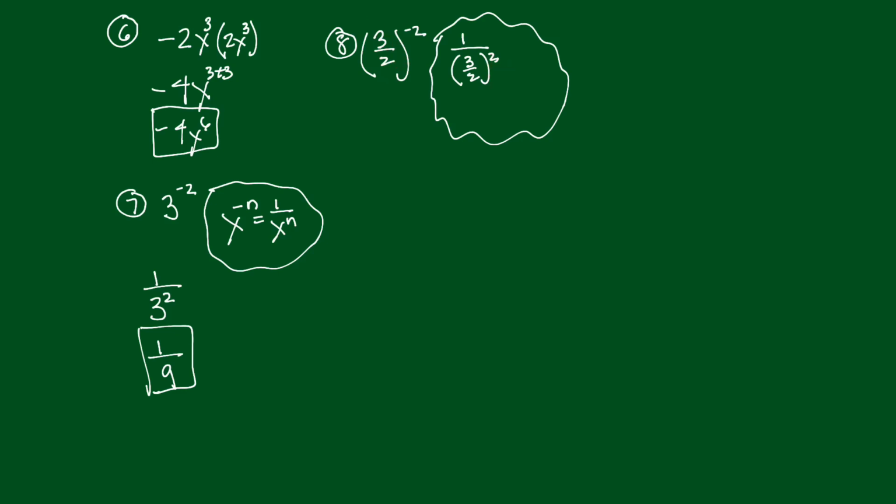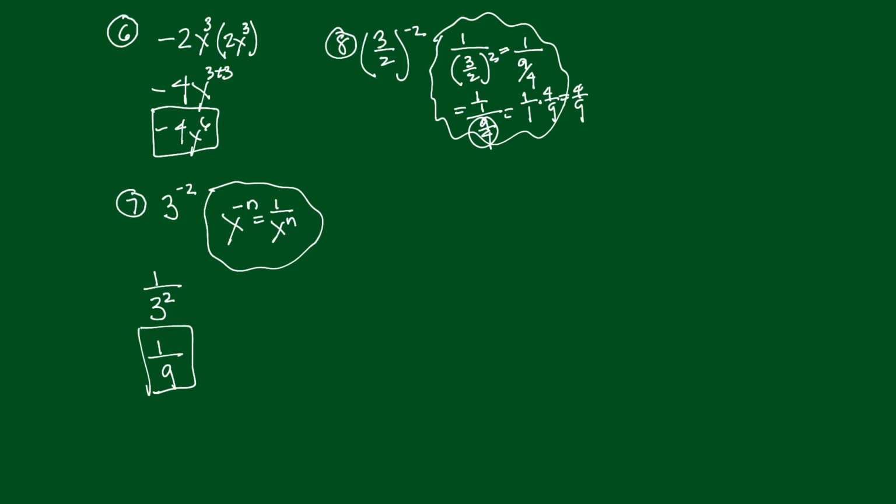Now, this number down here is going to be 1 over 3 squared over 2 squared. So I get a 9 over 4. But I've got a fraction here. I've got 1 over a fraction. So this becomes, think of it this way, 1 over 1 divided by 9 over 4. How do you divide fractions? Invert and multiply. So I get 1 over 1 times 4 over 9, which is 4 over 9.